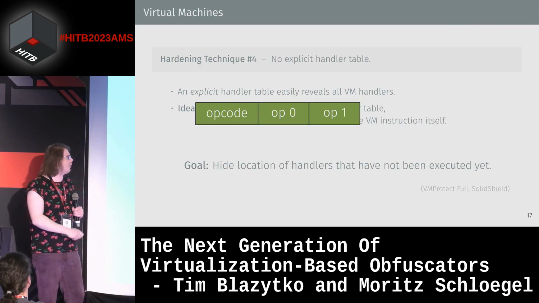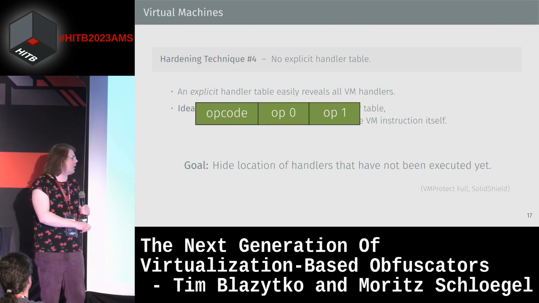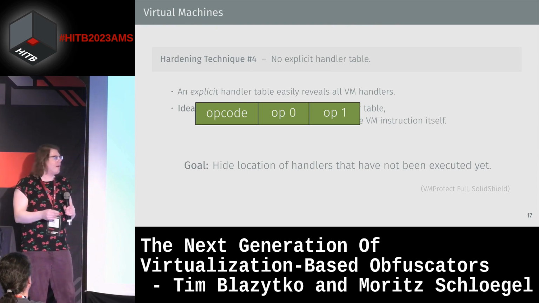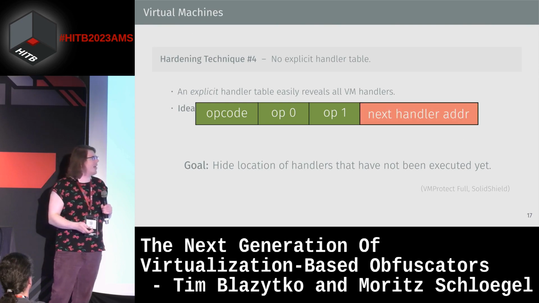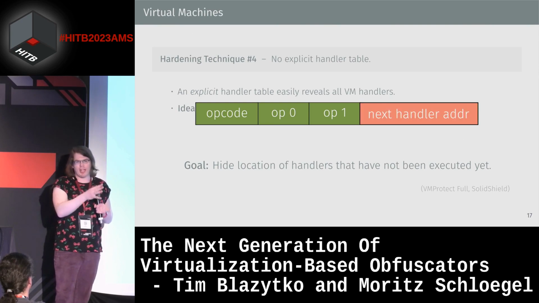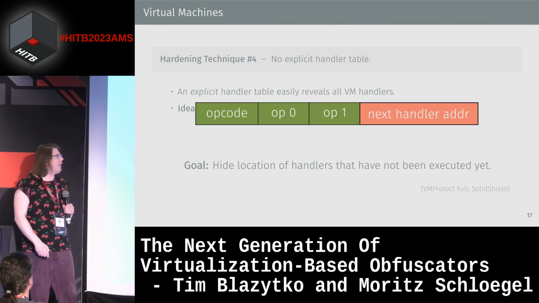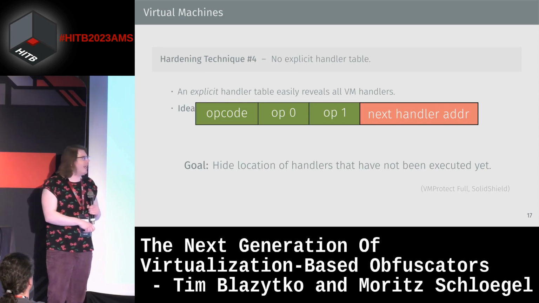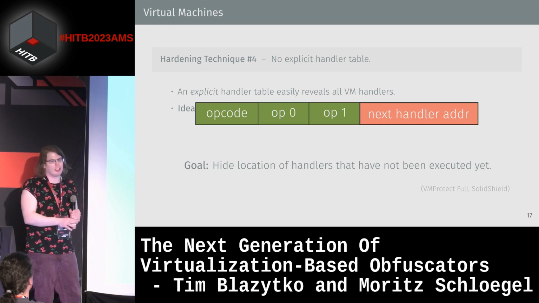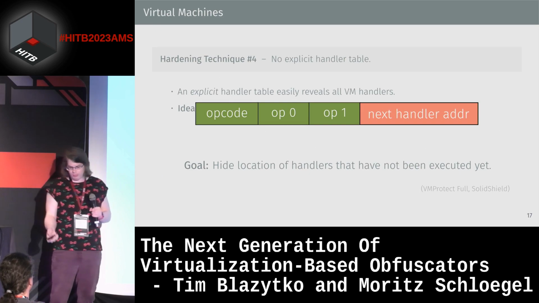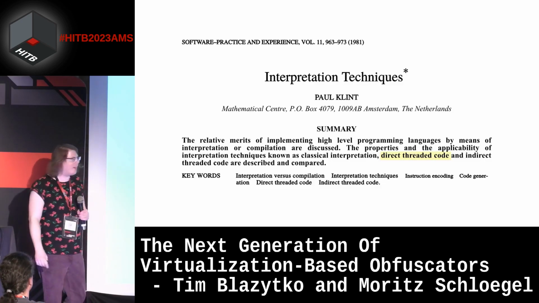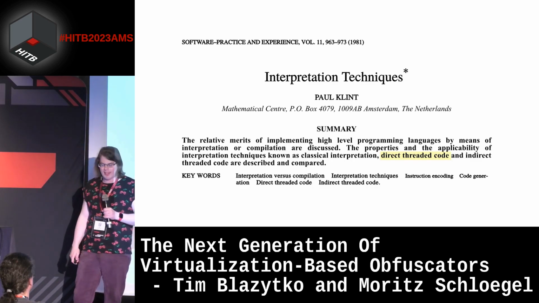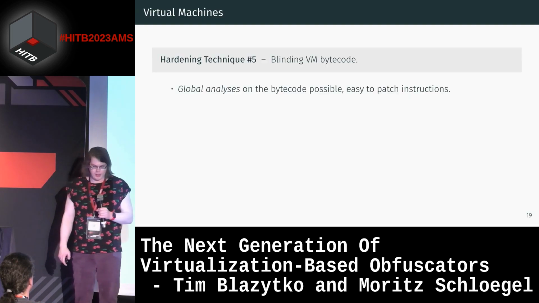So instead of doing opcode, operand 1, operand 2, we extend it by encoding the next handler address at the end of the instruction, for example. And therefore, the inline dispatcher would just read the next handler address from the bytecode and jump to that. Okay. And this is also an optimization technique that goes back to academia in the early 80s.